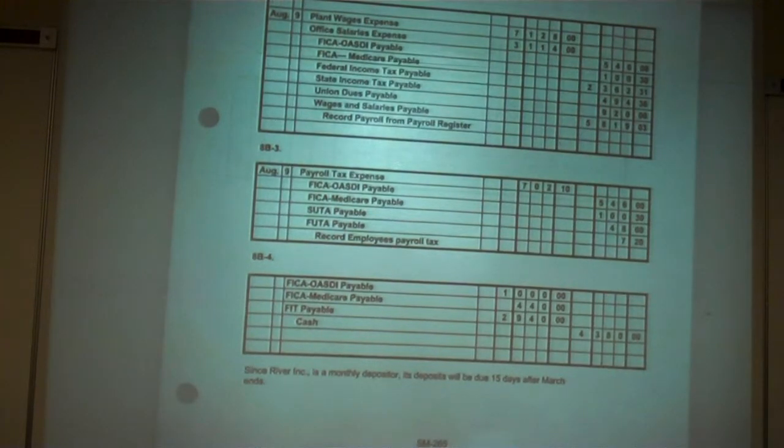The OASDI and the Medicare, both FICA, and it's the exact amount from the payroll register. And then the employer is responsible for the unemployment tax if we have state and if we have federal. That one has a wage base to it. Once the employee earns that amount, then we don't have to pay that anymore as the employer.